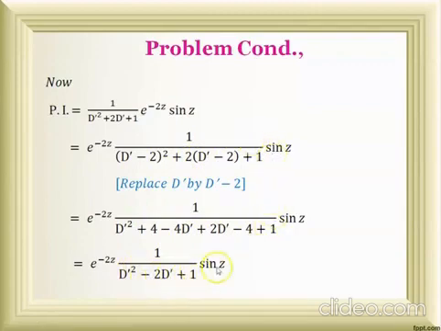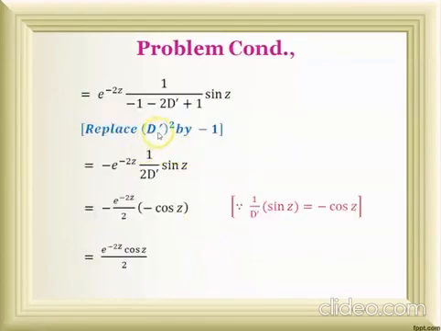We are left with sin z alone on the right hand side. For trigonometric cases, we replace only the derivative square terms. So here I need to replace d dash square by minus 1 square, because the z coefficient is 1. After replacing, d dash square becomes minus 1, so minus 1 and plus 1 get cancelled, and in the denominator only minus 2d dash remains, that minus will go to the front.